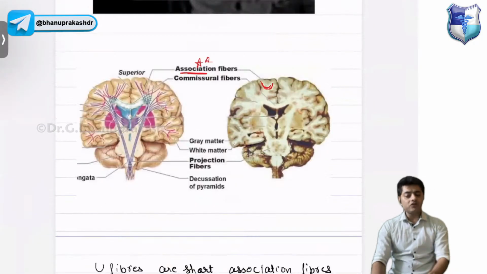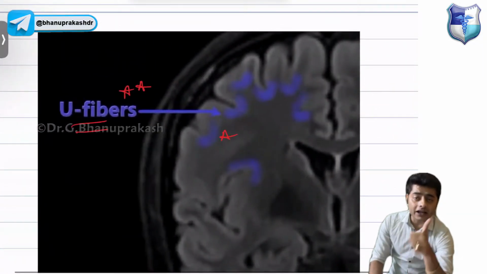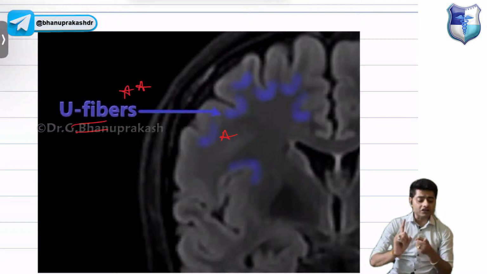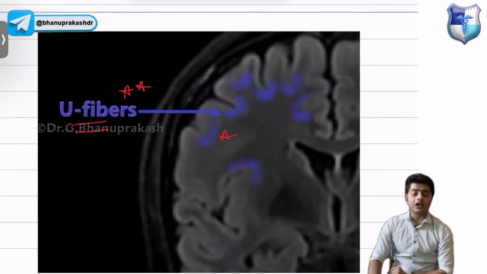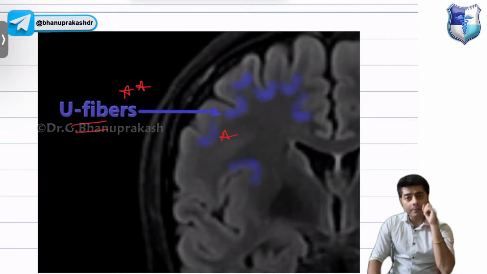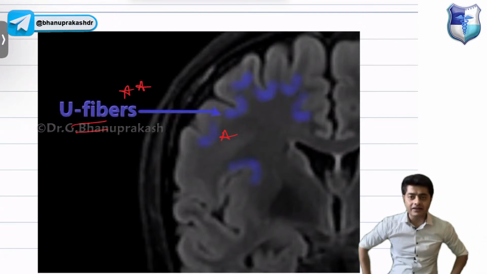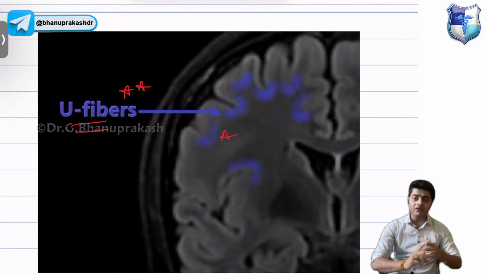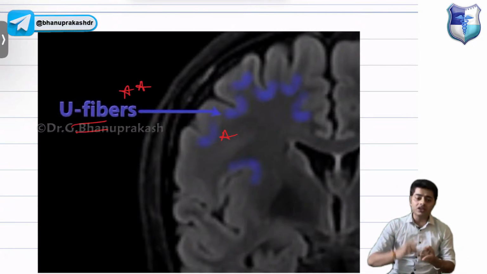Okay, if everything is understood about juxtacortical and U fiber: the involvement of juxtacortical and cortical structure and U fiber is classical of multiple sclerosis, and it is absent in small vessel white matter disease. So to differentiate between multiple sclerosis and small vessel white matter disease, we want to see if there is hyperintensity in juxtacortical or not.